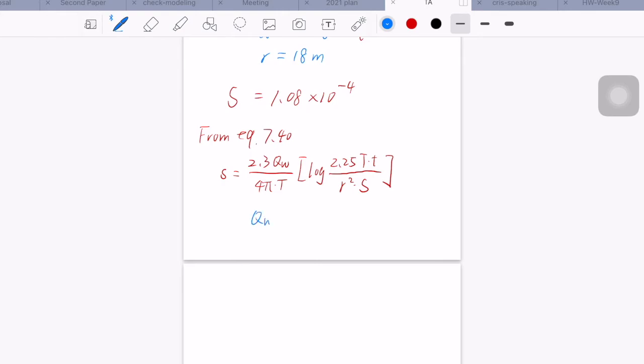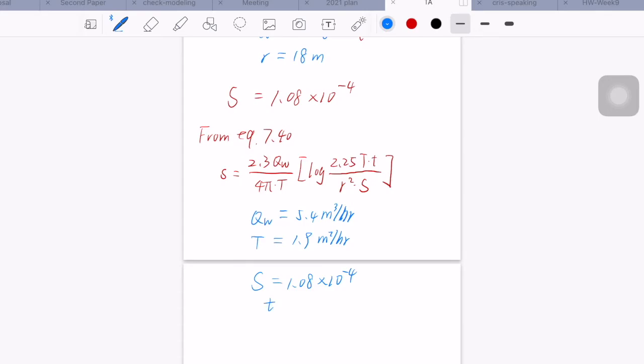And this QW is 5.4 cubic meters per hour. And transmissivity we determined before is 1.9 square meter per hour. And the storage coefficient is 1.08 times 10 to the power negative 4.